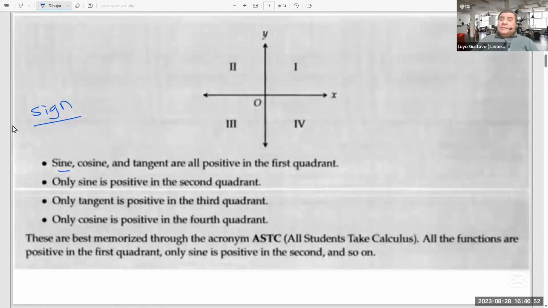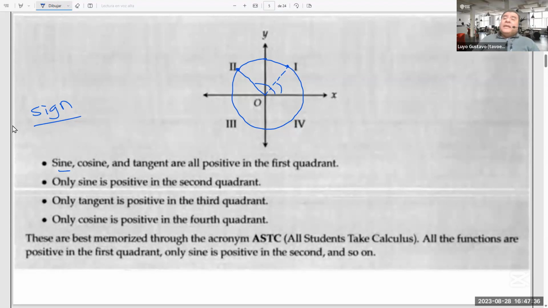In the second quadrant, only the sine function is positive, as you saw, because imagine that you have the circle here with radius 1. No matter if the point is here or the point is here, that is to say, an angle in this quadrant or an angle in this quadrant, in the second, the vertical position of those points on the border of the circle will always be positive. So in the second quadrant, the sine is positive. The other functions, the cosine and the tangent, are actually negative.